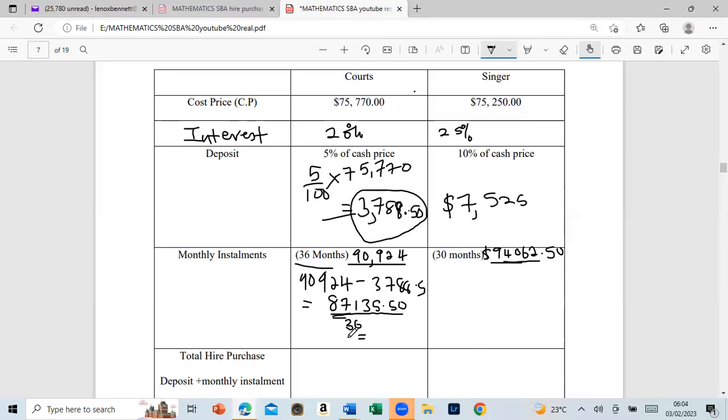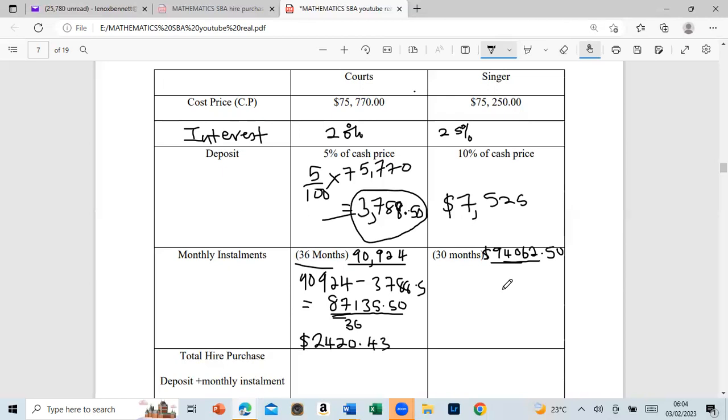So it's 87,135.5 divided by 36, and it works out to 2,420. Alright, so this is what you're going to be paying each month. So every month the person is going to pay this.